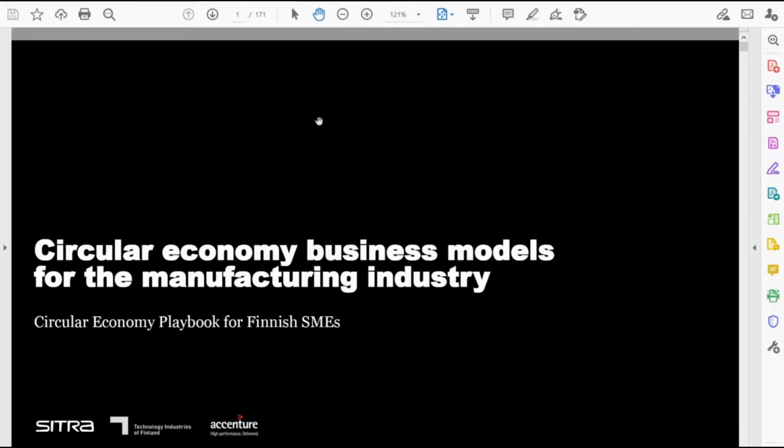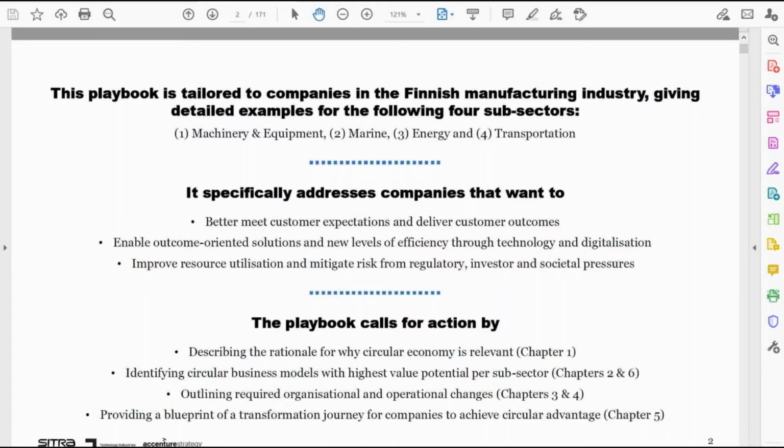What I also wanted to show, I mentioned it before, is the circular economy business models for the manufacturing industry from Finland. It's also a public document. You can use it, I can use it. Of course, we should mention the source, but it's public. I liked it, as I mentioned before, because it develops in a very detailed way how you can apply the approach to specific industries.